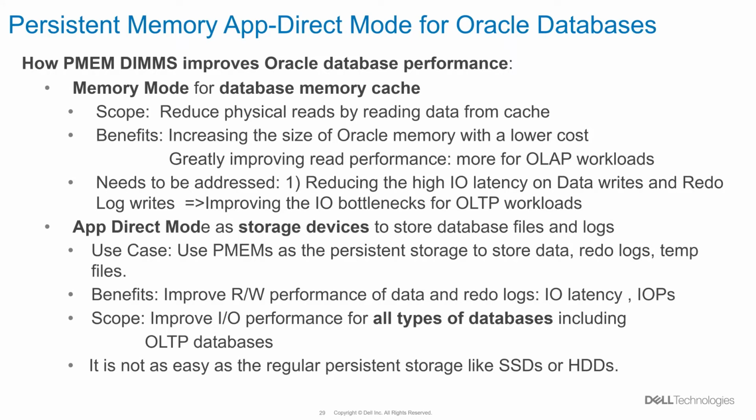That's why you have to configure persistent memory in app-direct mode in order to have persistent data, and this basically will improve all workloads and all types of database. But this is an ideal goal, and it's not as easy as we just said.